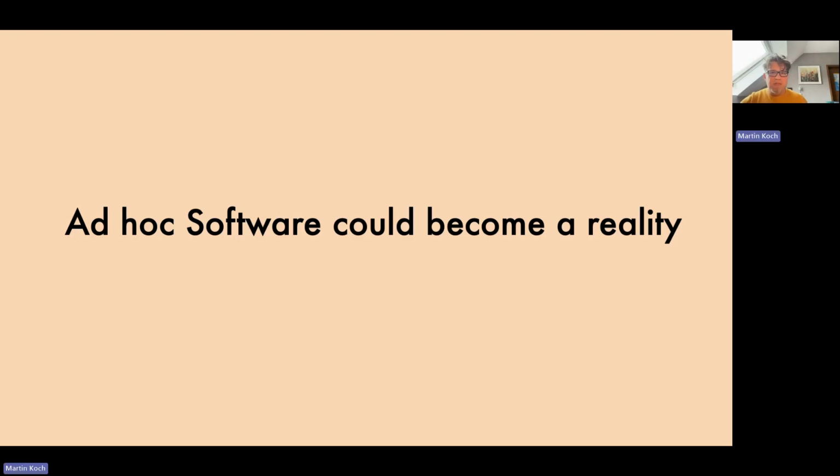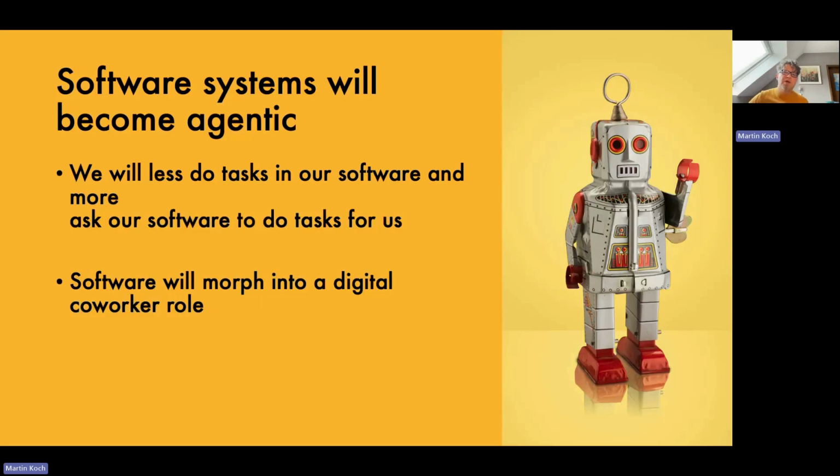Another prediction I would like to make is that software systems will definitely become more agentic. I guess we're going to do the tasks ourselves less in the software we're using, and more ask the software to do the task for us.